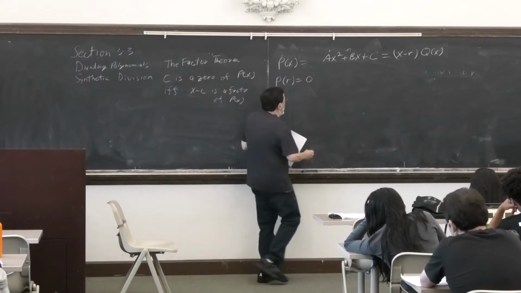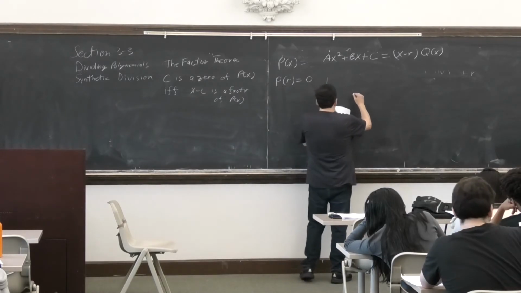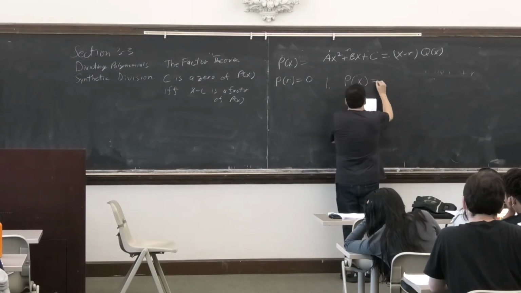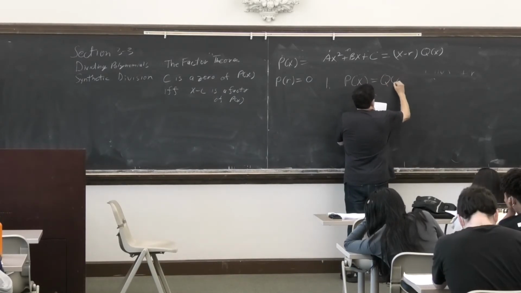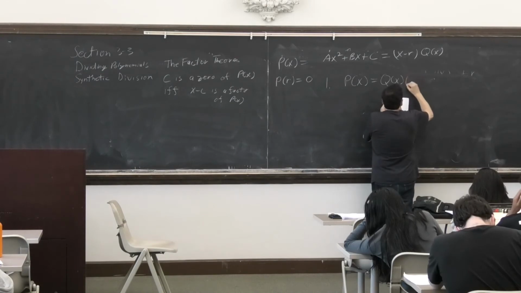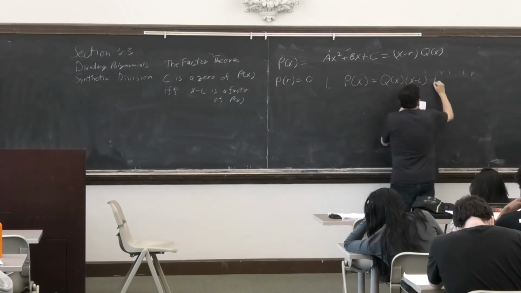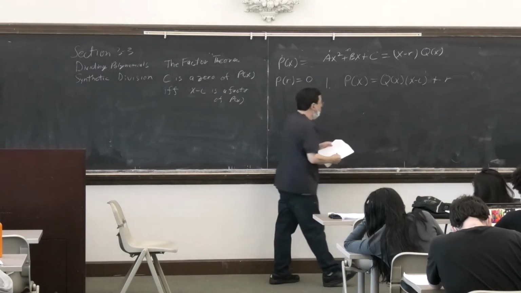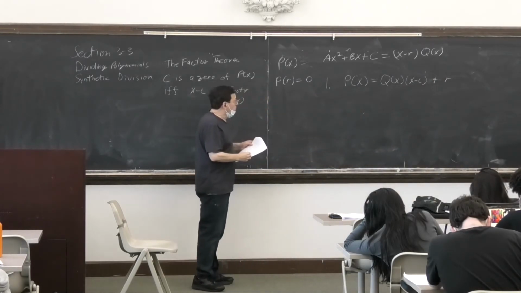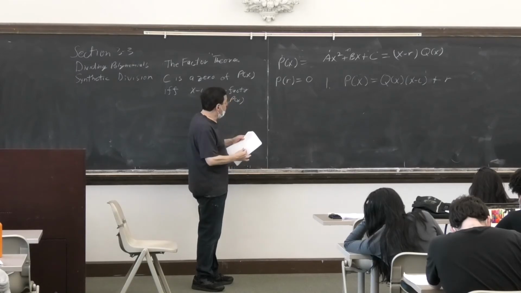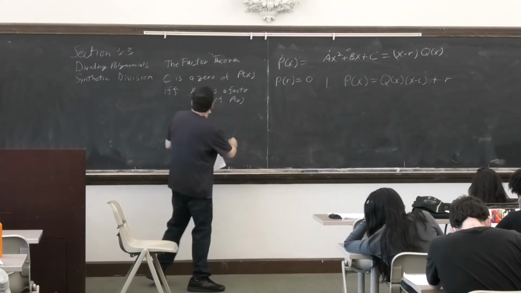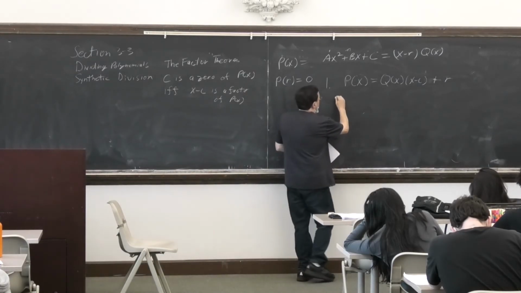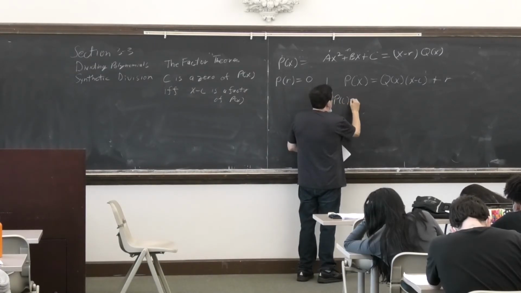So the first step is we use the remainder theorem. We say P of X equals Q of X times X minus C plus R. So if C is a zero of P of X, that means P of C equals 0.